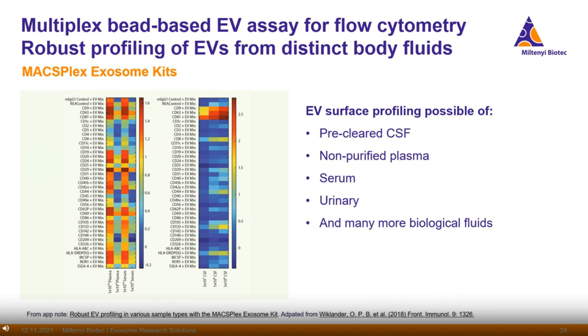Briefly, different EV input amounts of each sample were analyzed, and the results were then visualized as heat maps for comparison. And you can see that high and consistent levels of tetraspanins were detected in pre-cleared CSF samples, but also in non-chromatography purified plasma as well as in serum, with no major difference among EV surface marker profiles in the latter 2 samples, as you can see in the left heat map.